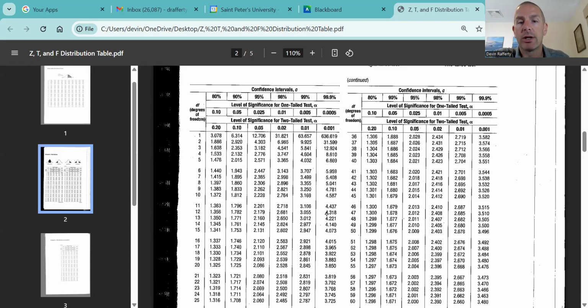That would be our critical value. And again, if we had a left-tailed test, we would have to make this negative, negative 1.298.